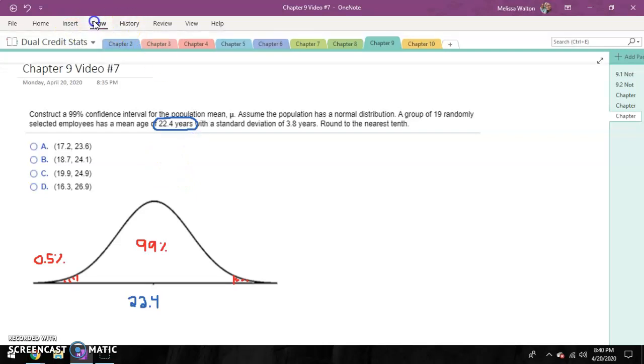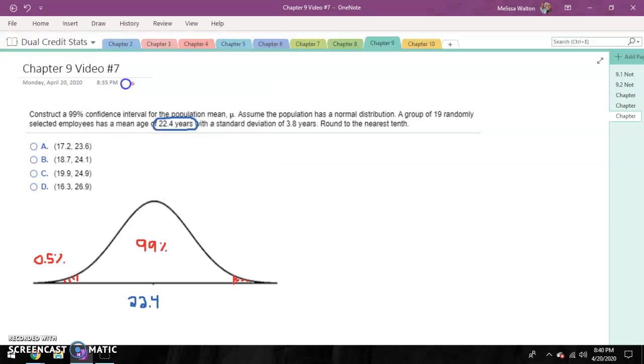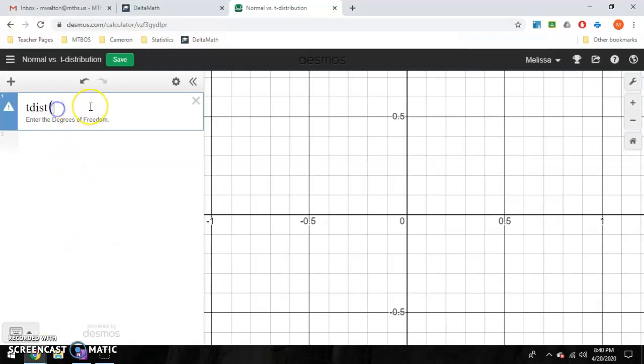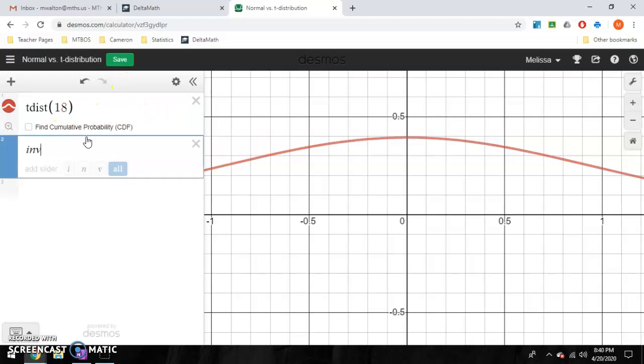For our degrees of freedom here, it does say that we had a sample of 19 students. So if I had a sample of 19, my degrees of freedom would be 18. All right, and I need to do my inverse CDF to figure out that critical t-score. I forgot to name my distribution.